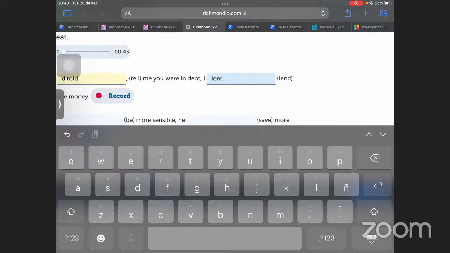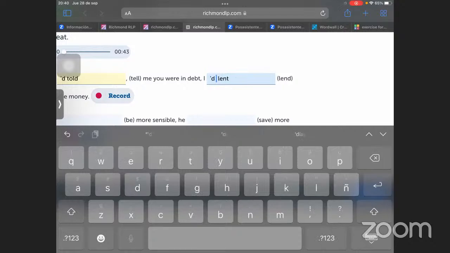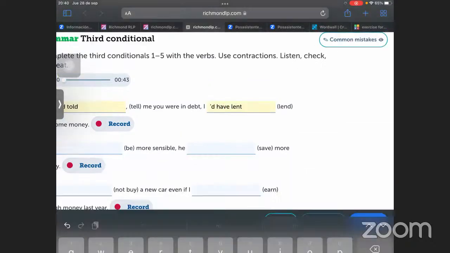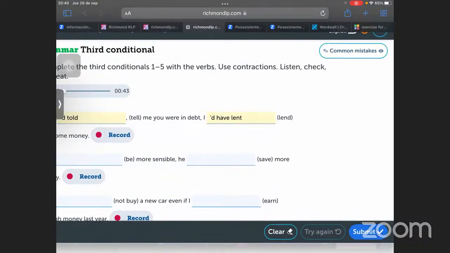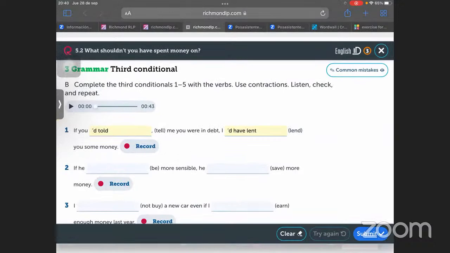No, would, sorry guys, the confusion, would have. So if he, and then the verb be more sensible, he saved more money.